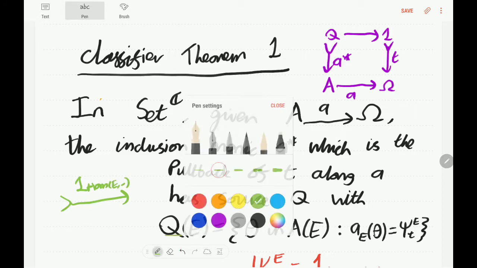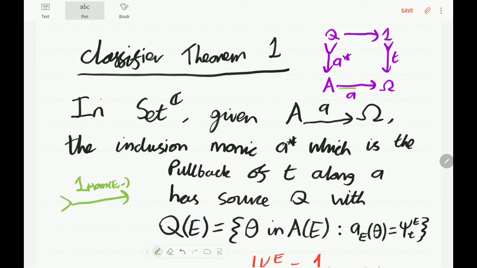Now, what you just do is you look at all of the stuff in A that's getting sent to things like that under little a, and that's the stuff that's going to be present in this subobject Q. Okay, in that subobject A star, which is an inclusion monic from Q. Okay, that's basically what this is saying.